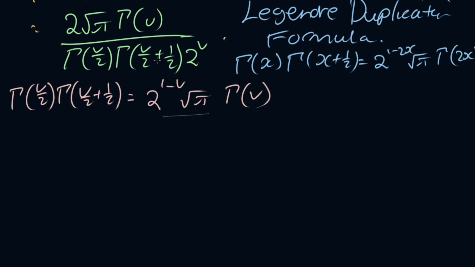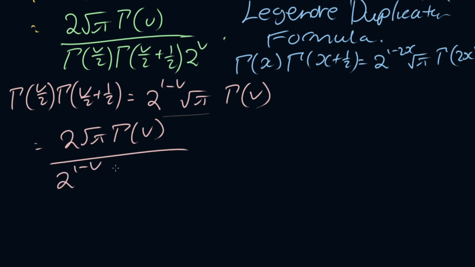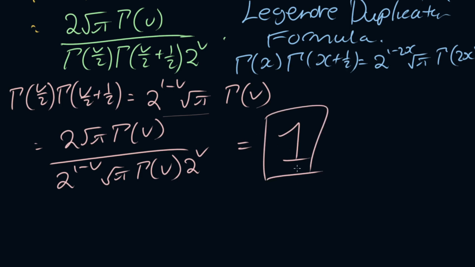And if we substitute this into the result, we get 2 root pi gamma of nu over 2 to the 1 minus nu root pi gamma of nu 2 to the nu. And if we do some cancelling, you can clearly see that this equals exactly 1. That's such a nice cancellation there.